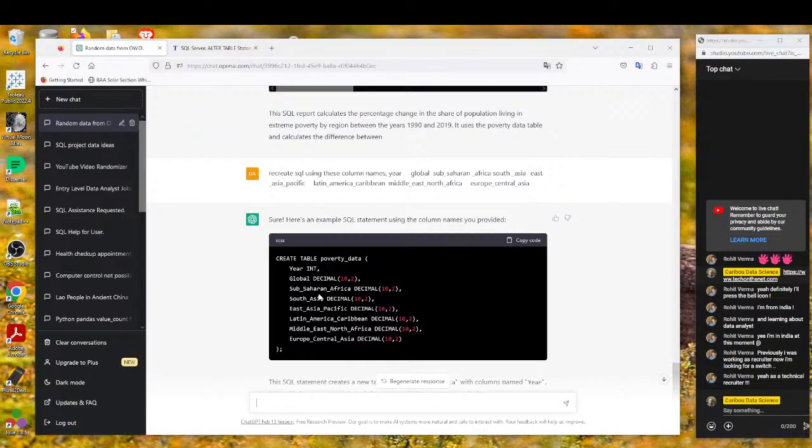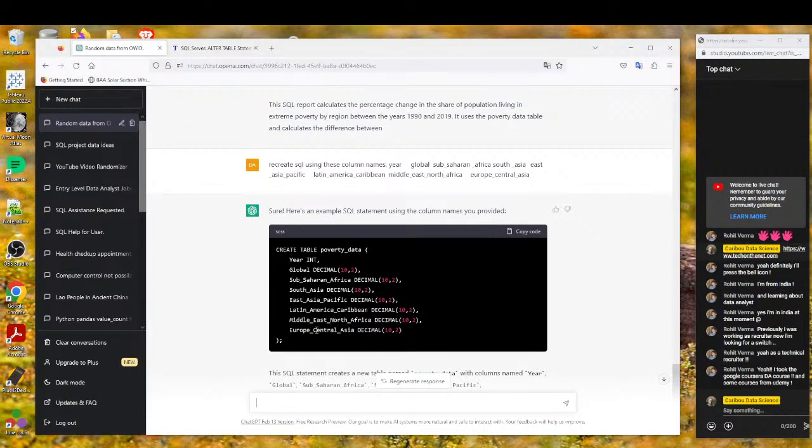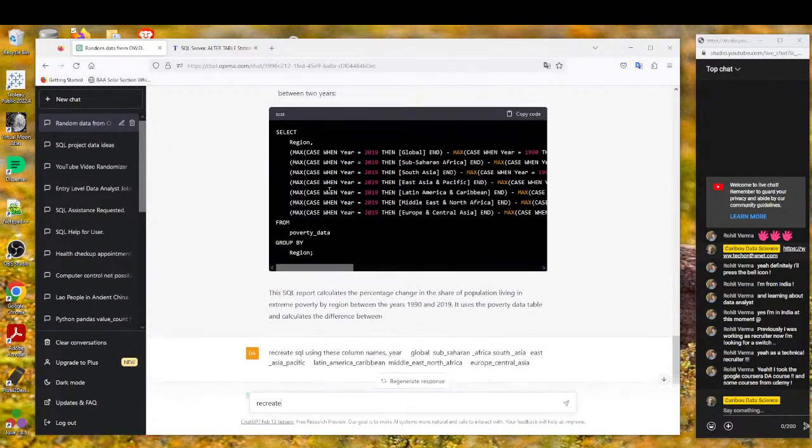Create table. Okay, yeah, very good. We don't actually want to do this. Let's do this.